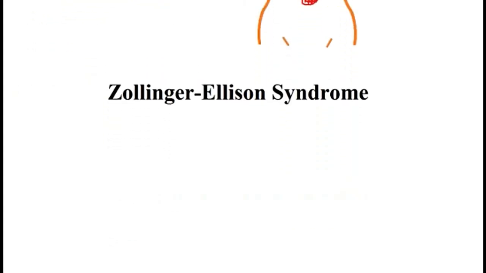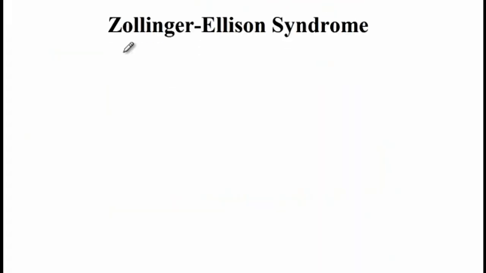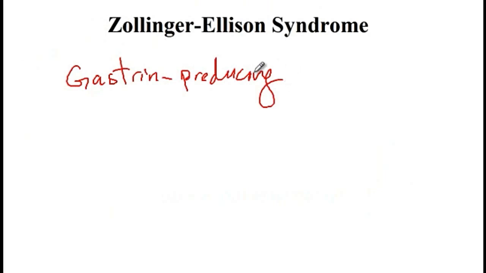The next condition is Zollinger-Ellison syndrome, which, as I just discussed earlier, is a common cause of a duodenal ulcer, and it's being caused by a gastrin-producing tumor that is usually in the duodenum or the pancreas, and thus it will increase the gastric acid secretion.